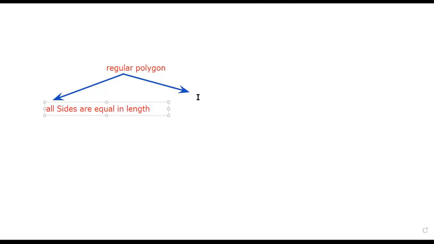And what is the second? All angles are equal in measure, in degrees. If you are talking about length, it will be sides. Angles will come with measure.